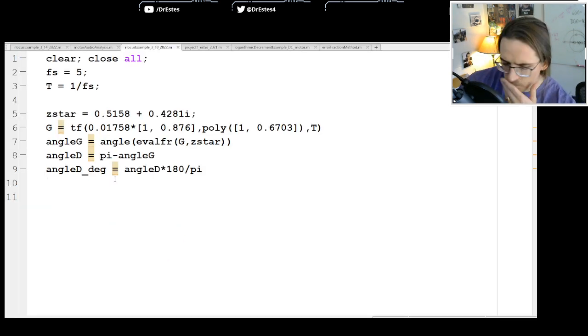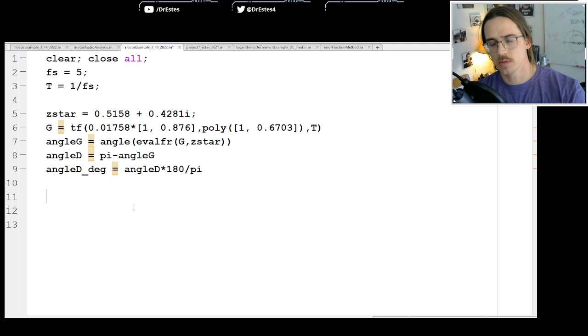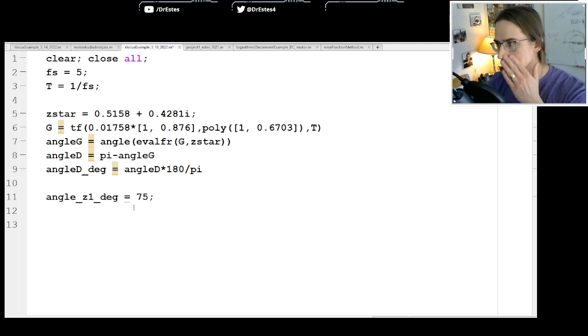What I'm going to do, and we'll modify this code, is go through a bunch of different controllers, and let's say angle Z1 that we're testing right now, in degrees, let's say it's 75 degrees.